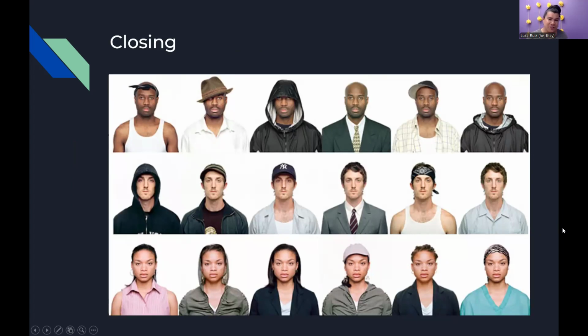I thought to just show this image because it shows three different people in six different outfits and shows another way of how we might come to form bias based on appearance and associate that with class or race or gender or economic status, whatever it may be.